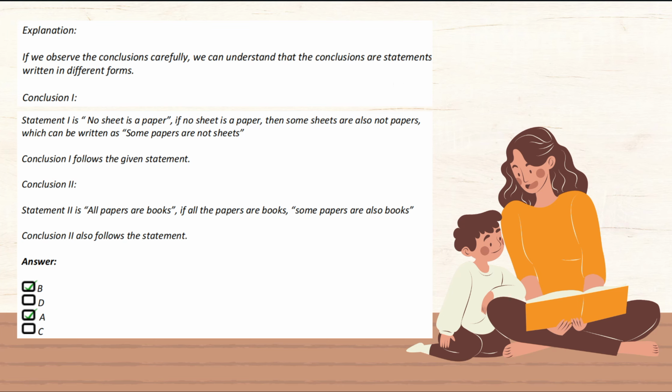No sheet is paper, and if no sheet is paper, then some sheets are also not papers, which can be written as some papers are not sheets. Conclusion 1 follows the given statement. Conclusion 2 is all papers are books. If all papers are books, some papers are also books. Conclusion 2 follows the statement. So B and A are the correct answer.